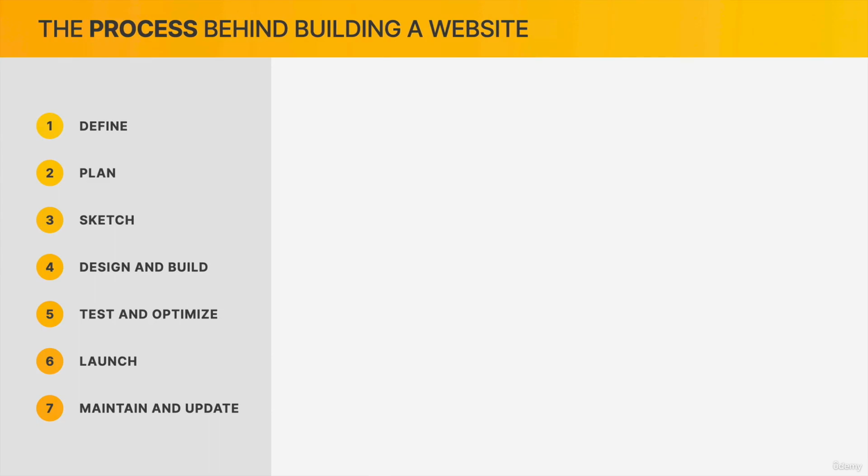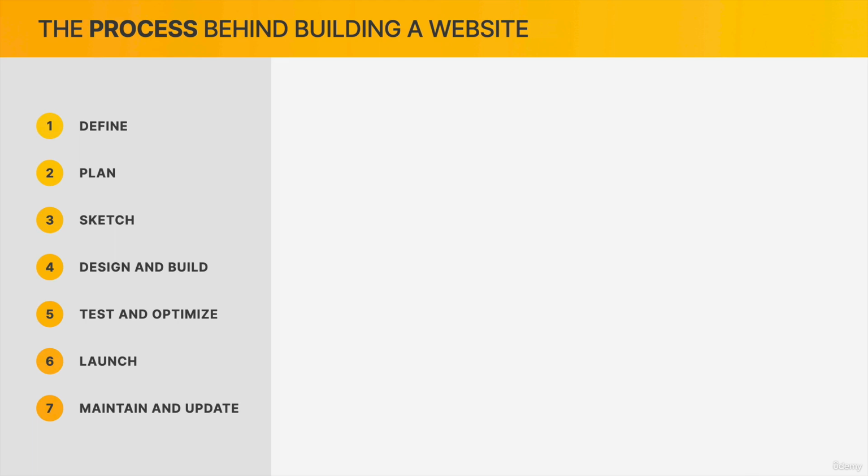So, as an overview, here we have the 7 steps that are part of the development process that is behind building any website. So first, we need to define and to plan the project. Then we start thinking about the layout of the page and create some initial sketches. And only then, after these 3 phases, we can finally start designing and building the website.